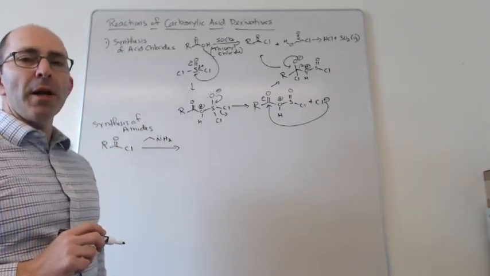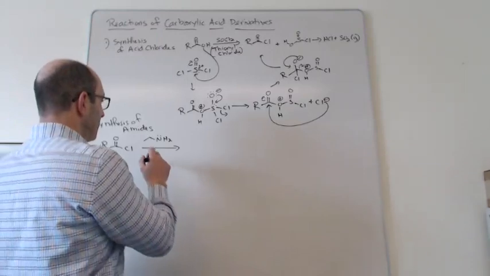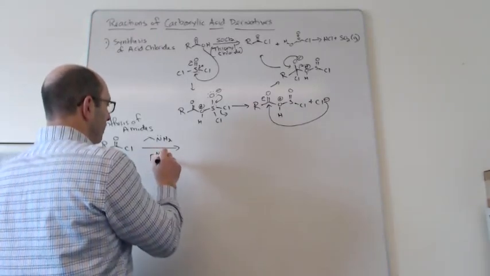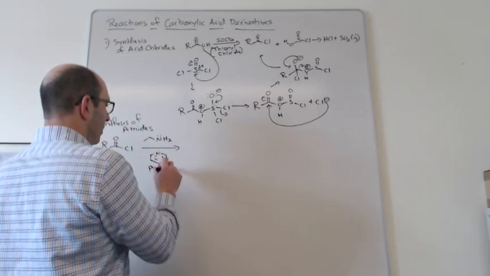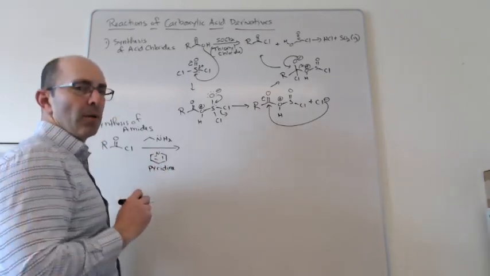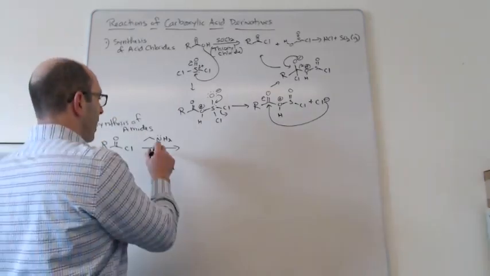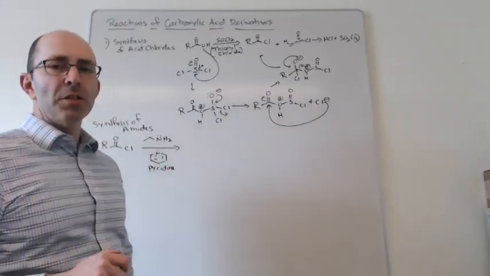And when we do these reactions, again, we often have another base in there. The most common base is pyridine. This is called pyridine, right? And we'll see how pyridine is going to react to prevent the formation of HCl.